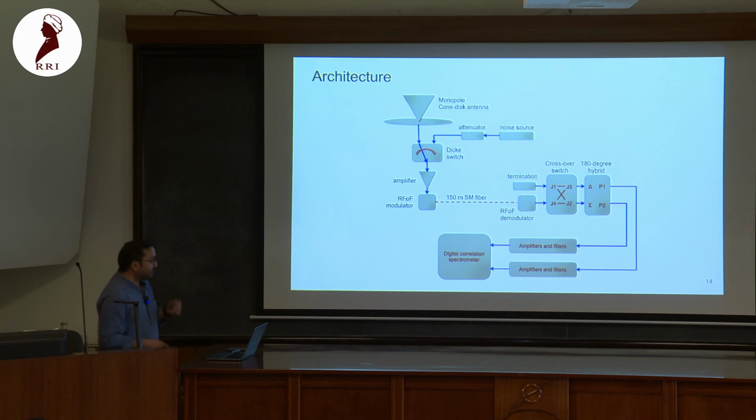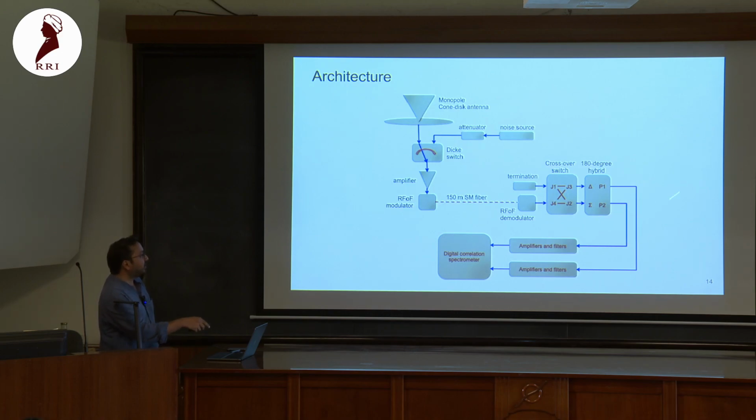So, talking about impedance mismatch, this is what our telescope looks like. As I said, for mean measurements, we really have a very simple system. We have a single antenna and this whole analog chain that calibrates the bandpass of this receiver by toggling between the antenna and the noise source.